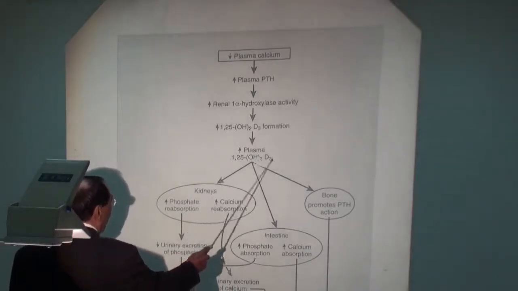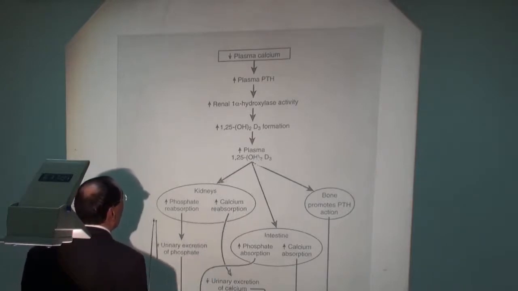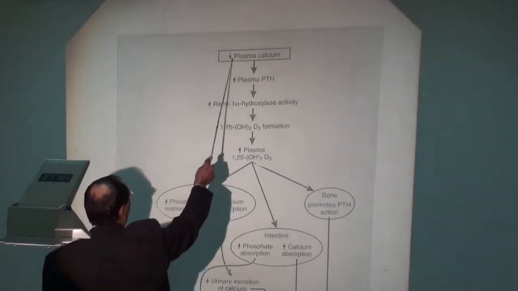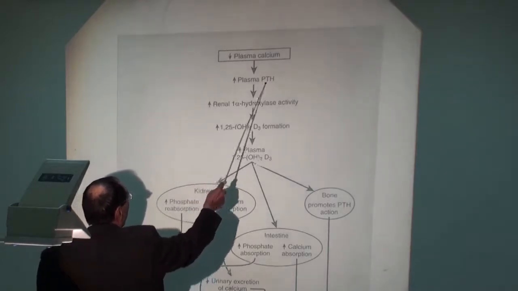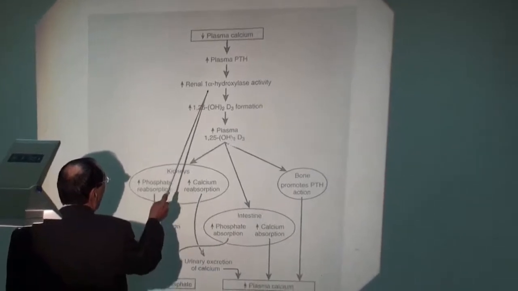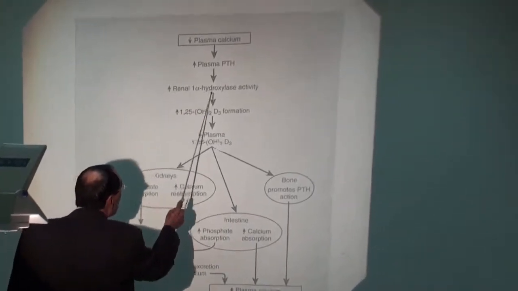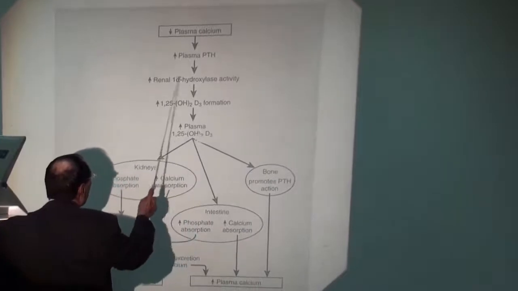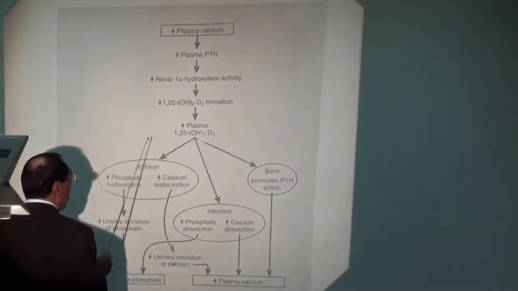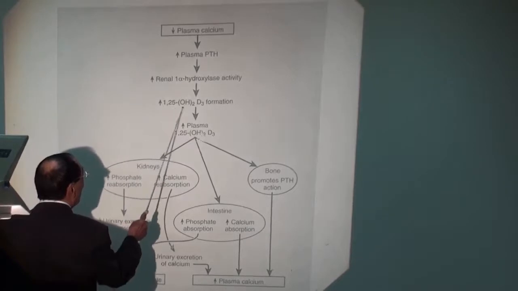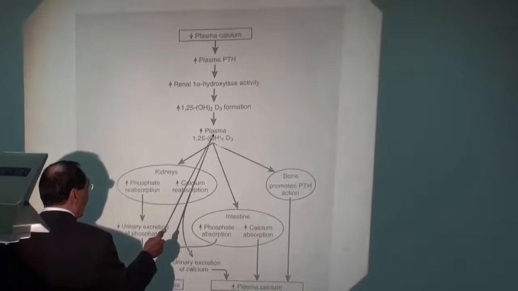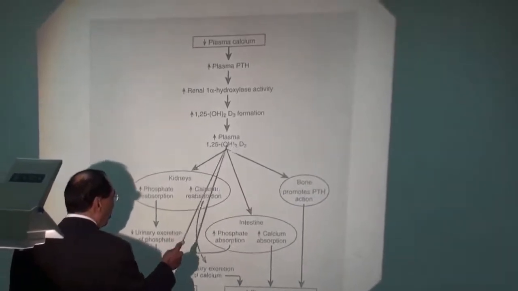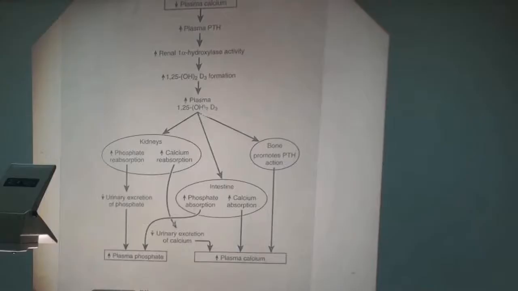We said that the most potent, the strongest, is 1,25. When plasma calcium level decreases, similar to PTH, plasma PTH increases, renal enzyme activity increases, this one alpha hydroxylase, 1,25 production is increased, and plasma level of 1,25 increases.